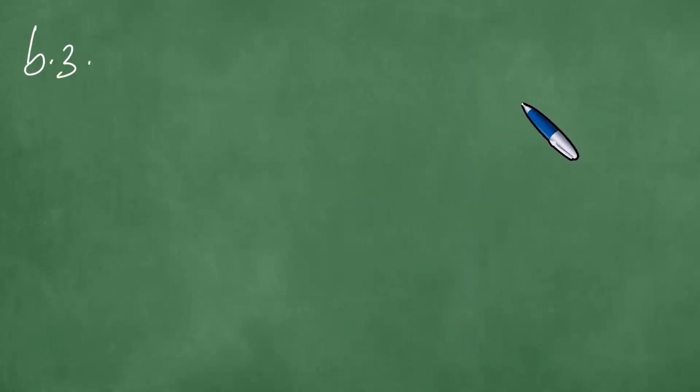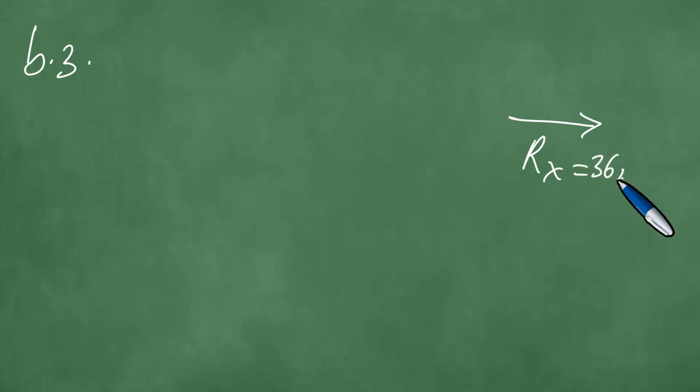So at this point, we need to analyze this very, very carefully and realize a couple of things that we have. Remember that in this direction, we have Rx, which is 36,7.